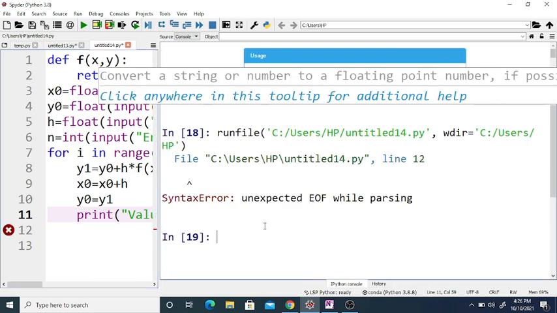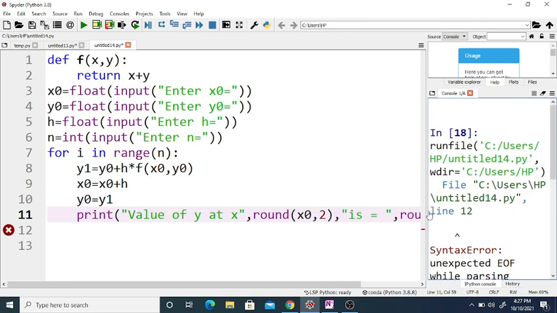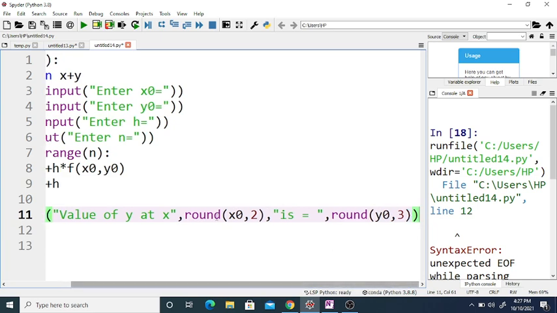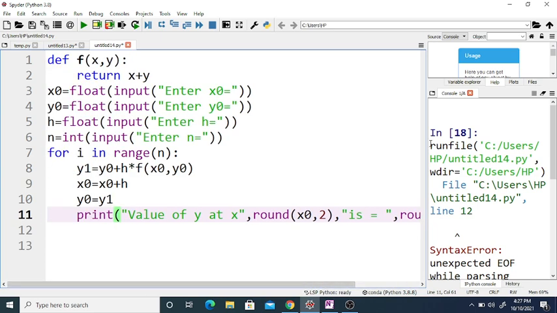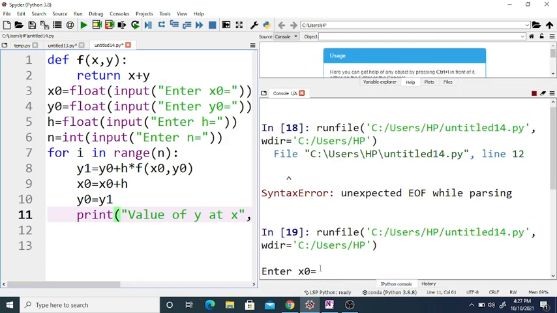Unexpected indent at line number 12. Here one bracket is missing. So now to run this, enter x0.